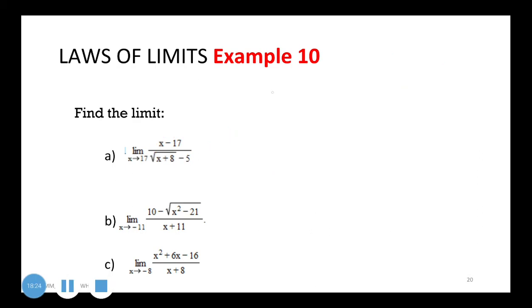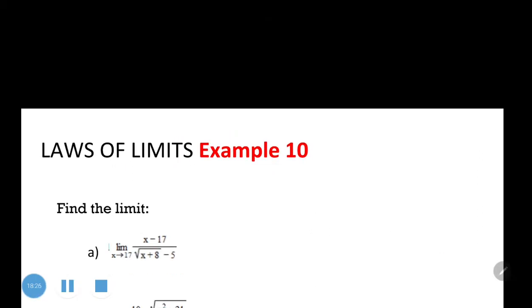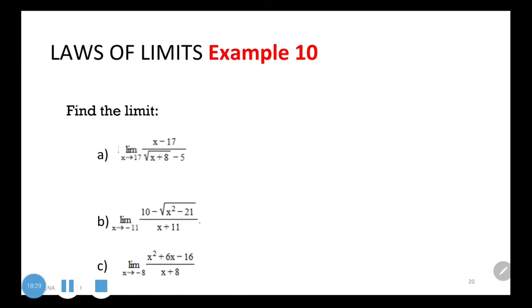Okay, so this is for example A. And then multiply it with the conjugate of the denominator here, plus 5.